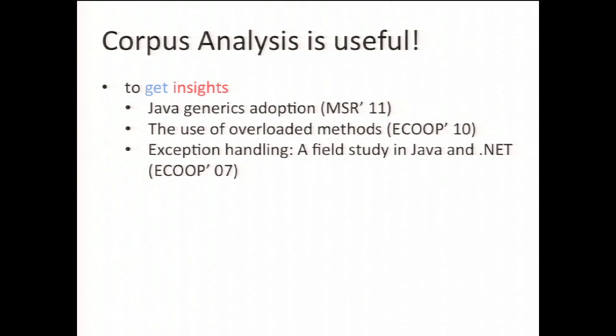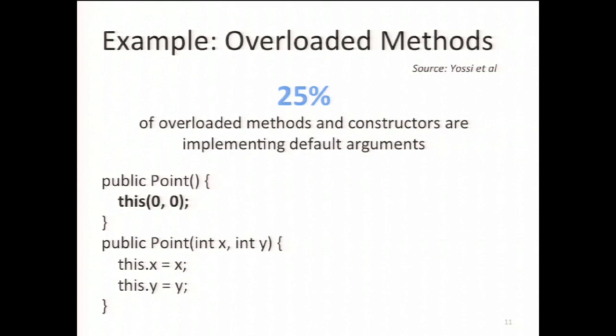And here are a couple of recent papers, I think, that have used corpus analysis in order to study languages. So, for example, overloaded methods. Yassi et al. I'm not in the research business.